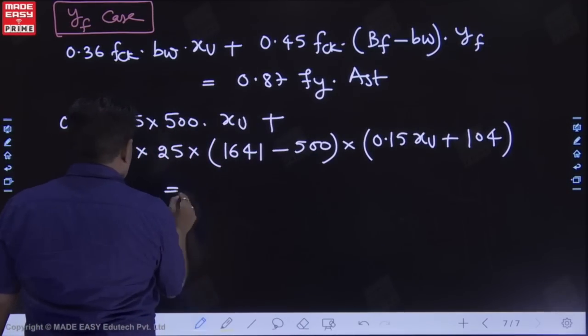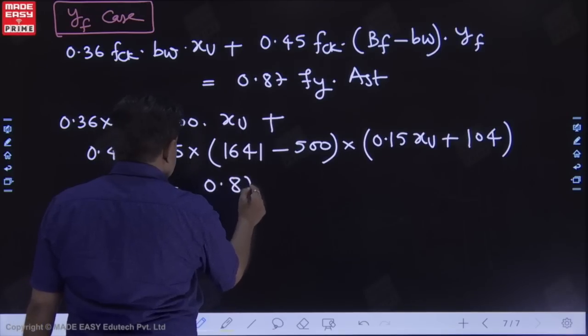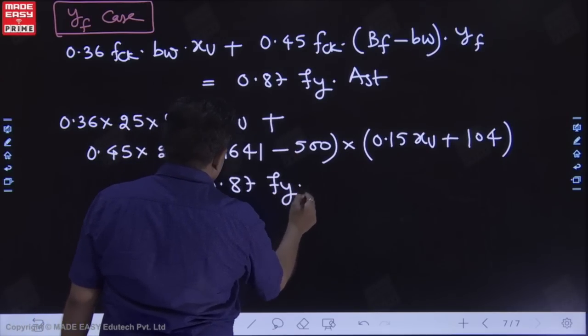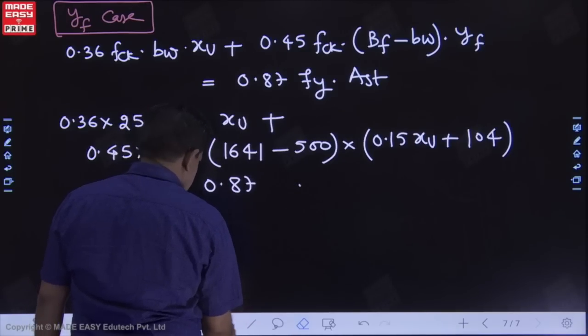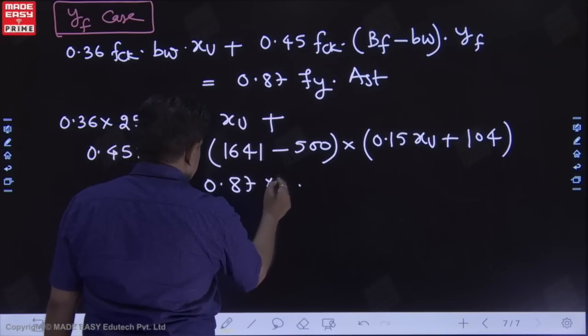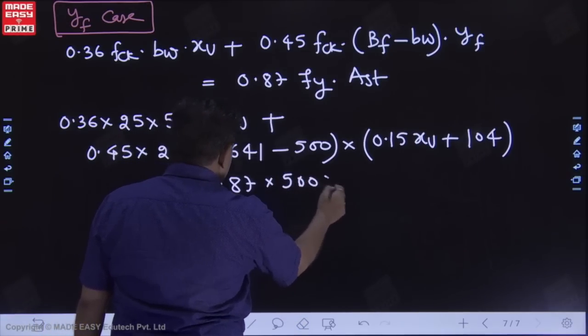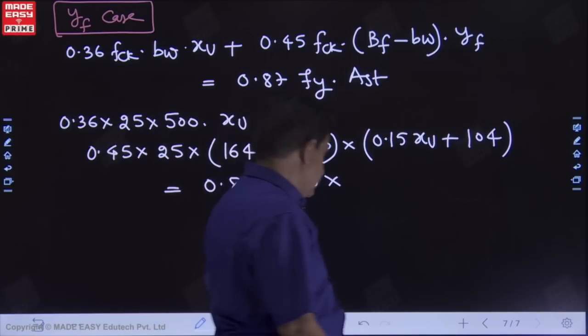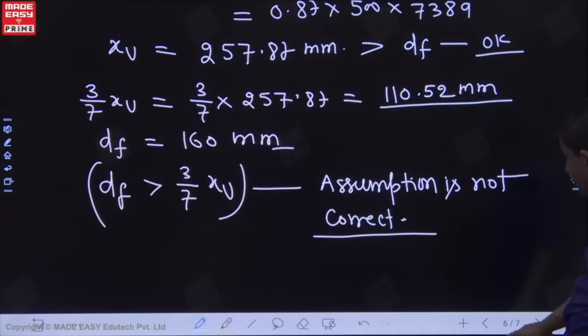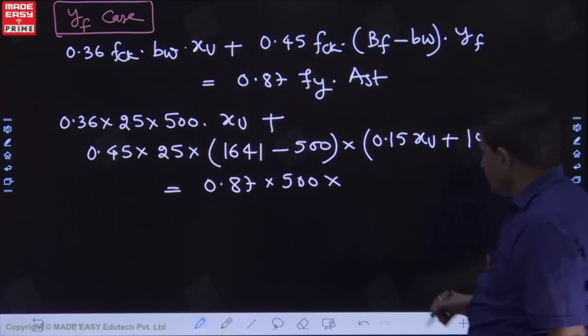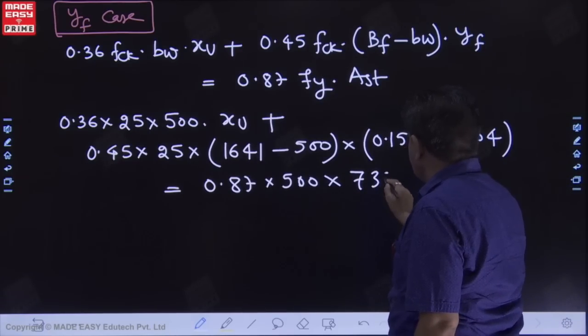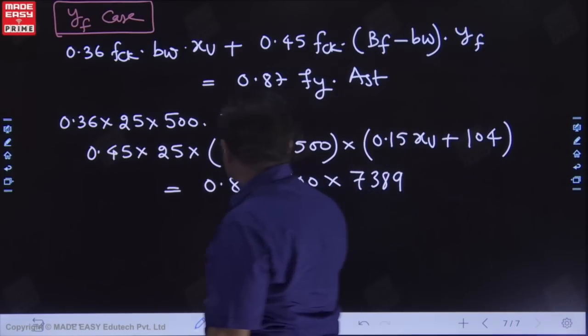And this is equal to 0.87 into Fy into 500 and into the area of steel. Let's take it from the previous one, 7389. Okay, so this is 7389.